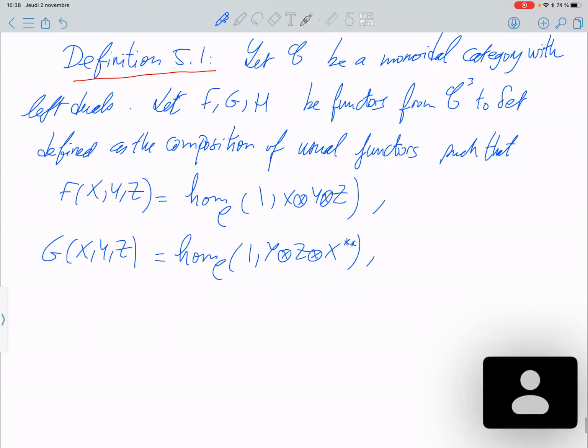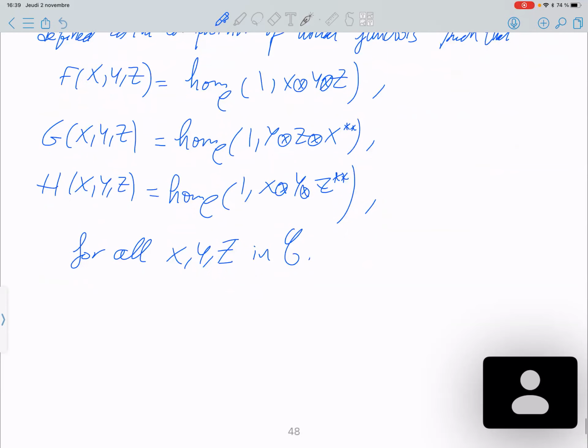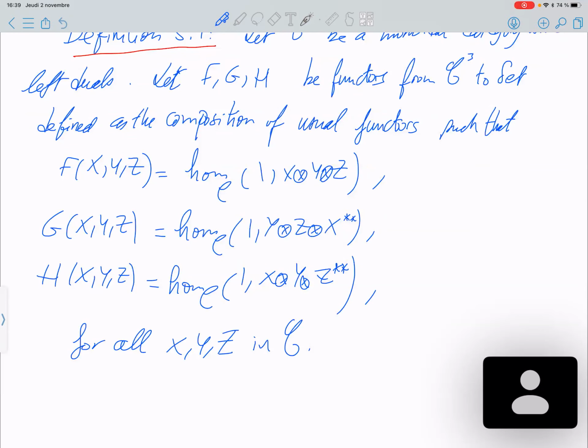H of x, y, z equals the set of morphisms between 1 and (x tensor y tensor z) double star, for all x, y, z in the category C. So as you see, these functors can be defined as the composition of usual functors.